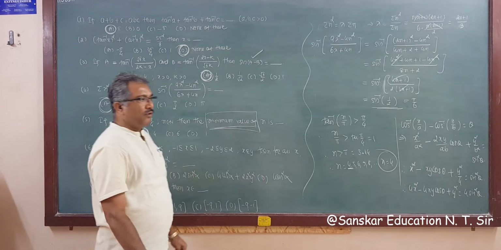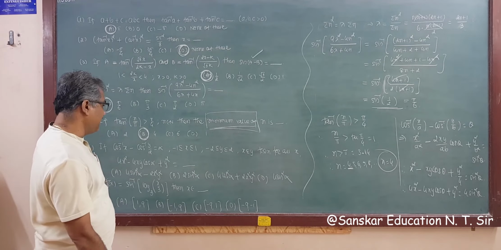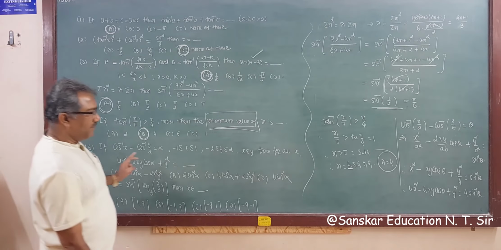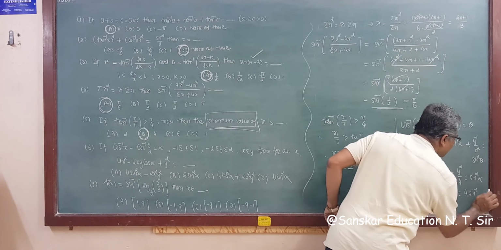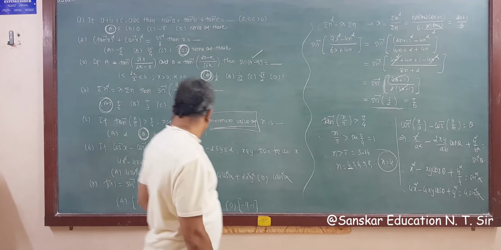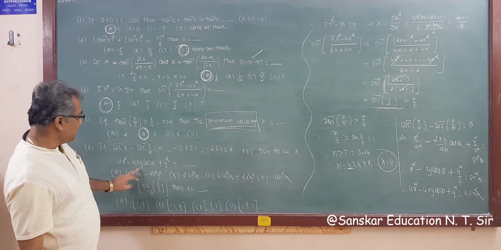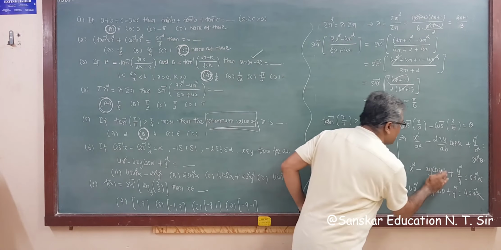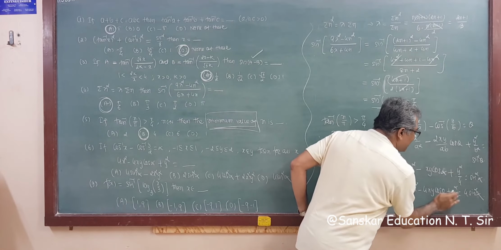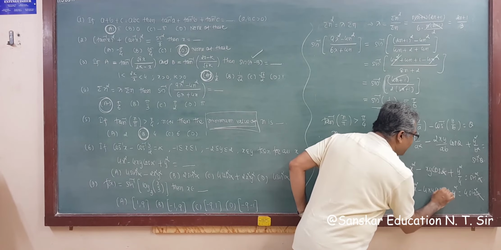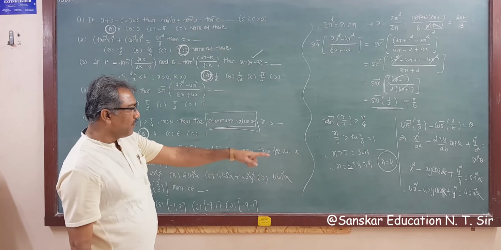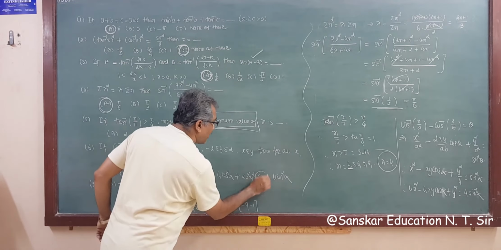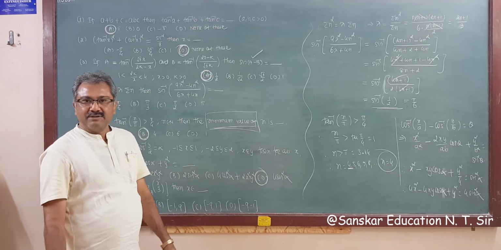Here alpha is given, so we have to write alpha. So 4x square minus 4xy cos alpha plus y square is 4 times sin square alpha, that is option D, your correct answer.